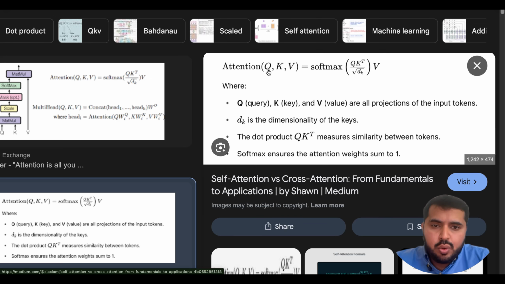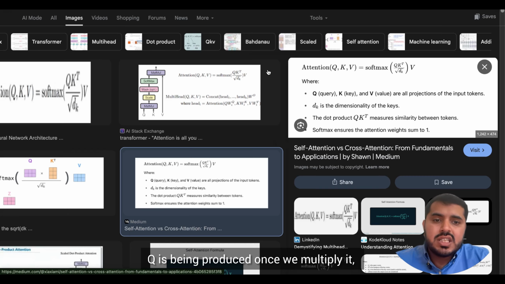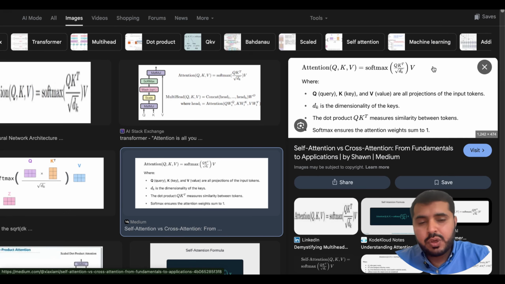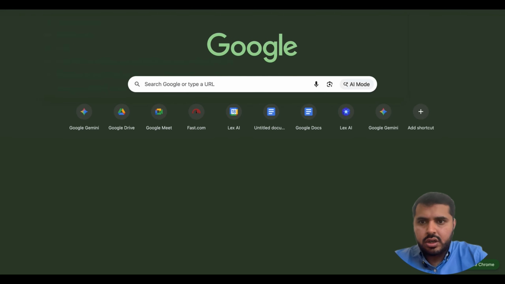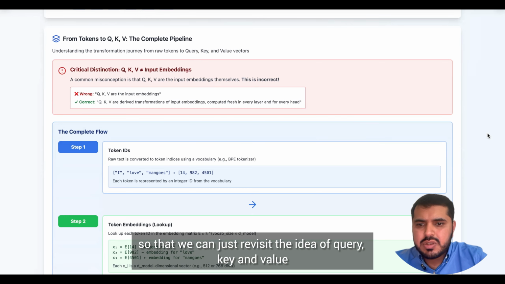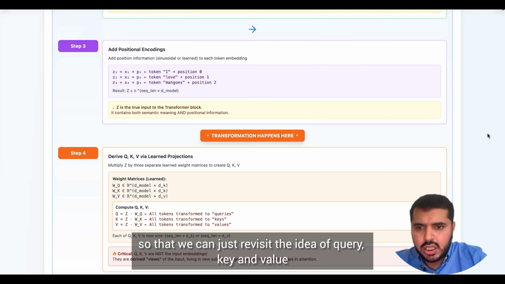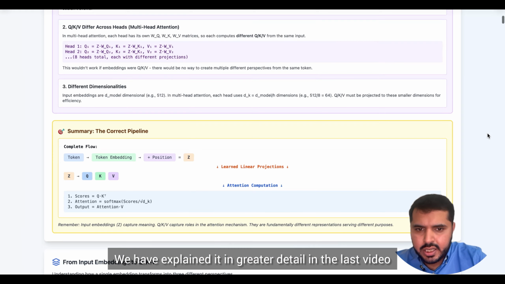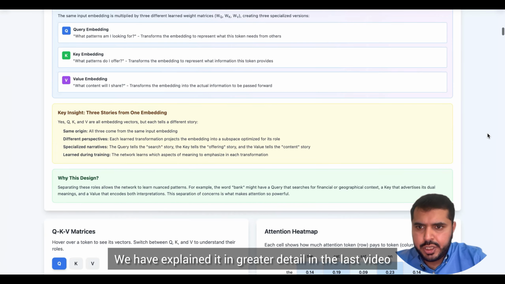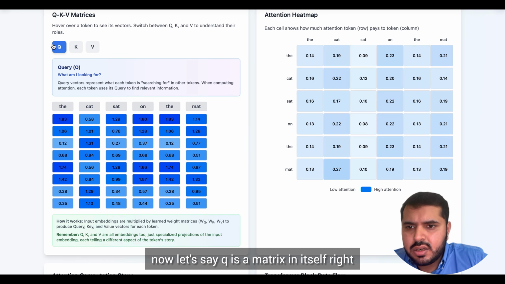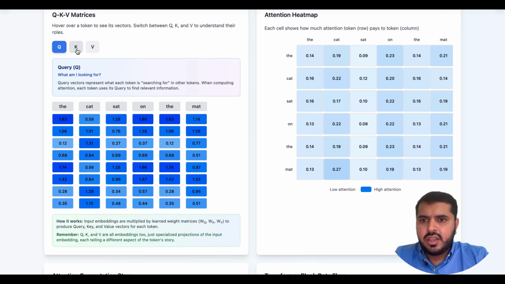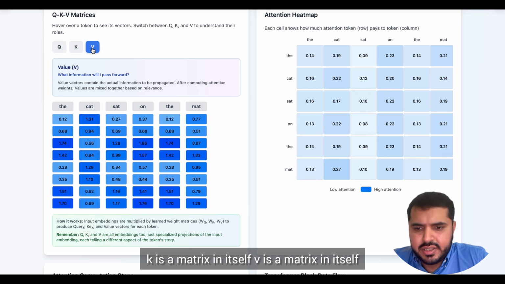Now Q is produced when we multiply the input with WQ. Let me open one more link so that we can revisit the idea of query, key, and value. We have explained it in greater detail in the last video where we discussed the paper Attention Is All You Need. Now let's say Q is a matrix in itself, K is a matrix in itself, V is a matrix in itself.